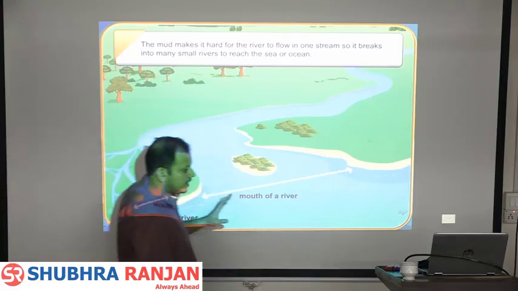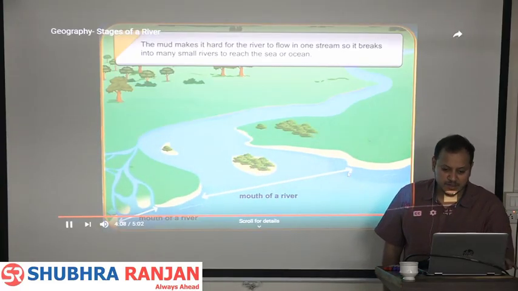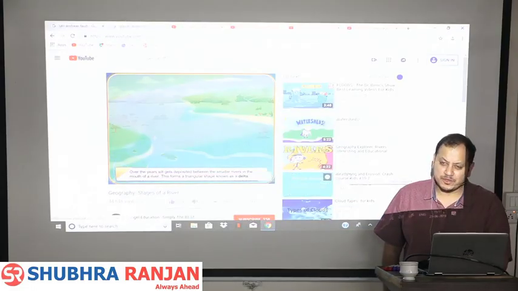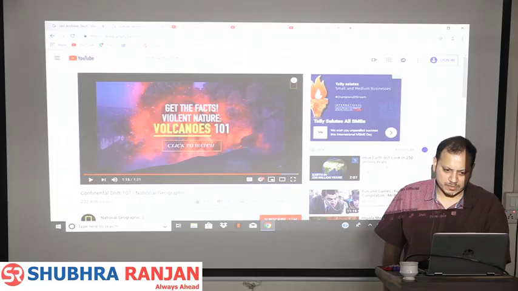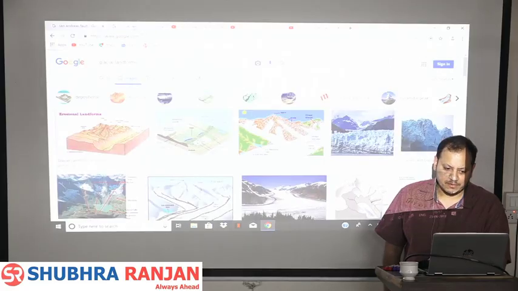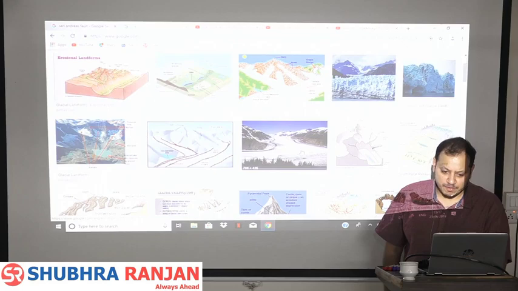So this is one example of how the landforms are formed by the exogenetic forces. These are the landforms of river, and you can easily distinguish them, V-shaped valleys over U-shaped valleys, and there are some of the landforms which are made by the glaciers, and you can easily find them.